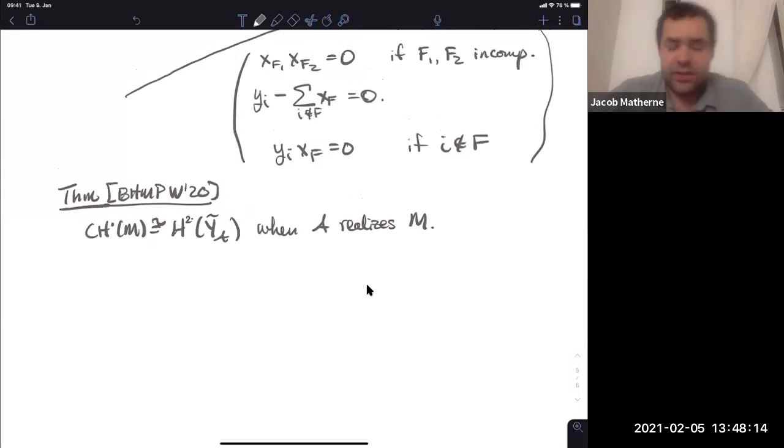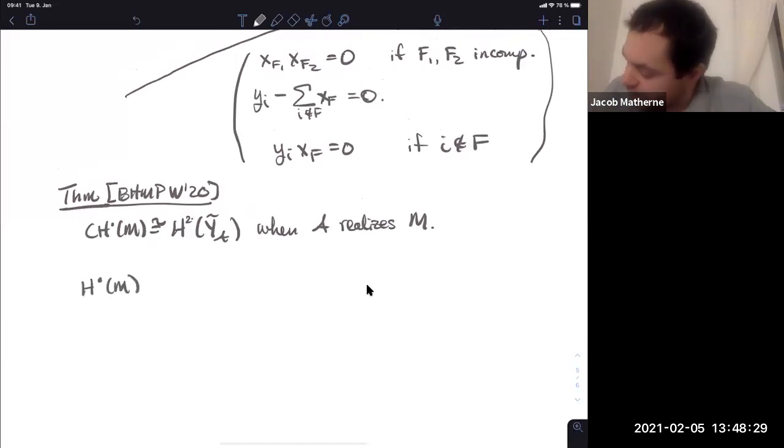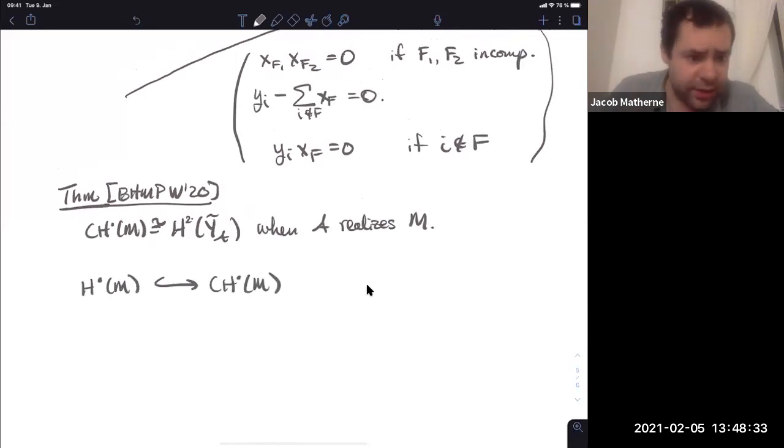So I don't know if this is an answer to your question, but let me say something. I'm actually going to say this in a moment, but I think I can say it now. This embeds inside of here. The graded Mobius algebra embeds inside of here. And it's just the subalgebra generated by the y_i's.